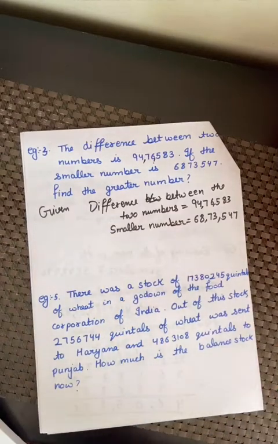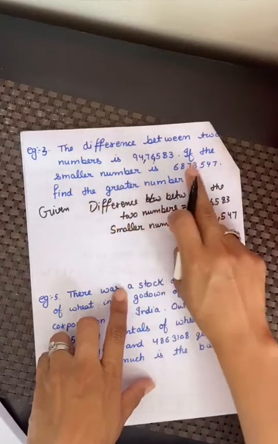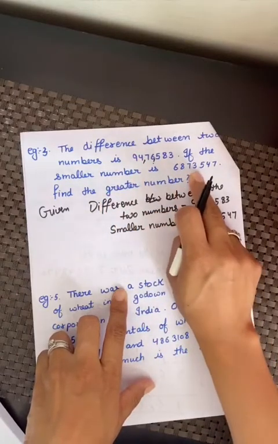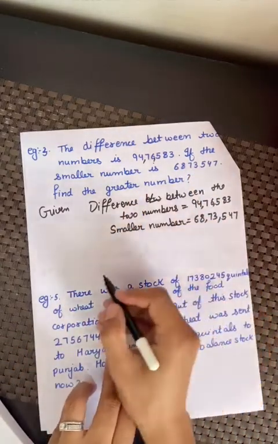To find the greater number, if we add the difference between the numbers and the smaller given number, we will get our greater number. Let's see how we will do it.